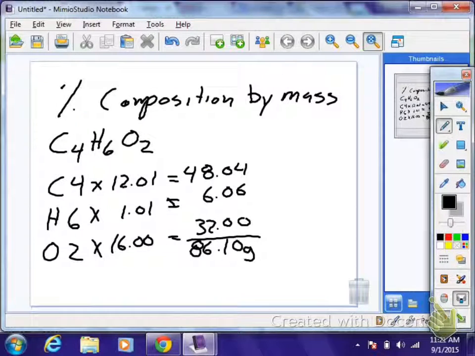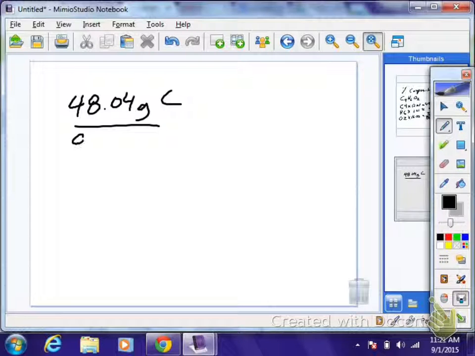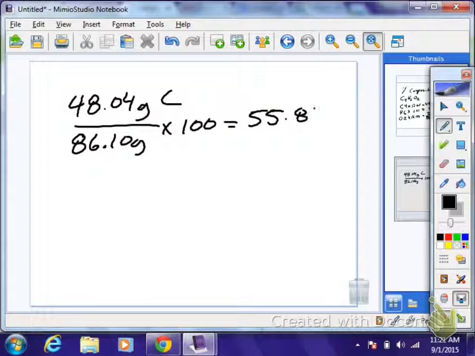We would take the 48.04, and that would be grams of carbon, and we would divide by the 86.10 grams times 100. That would give us an answer of 55.8%. So we just multiply by 100 to get the percent.